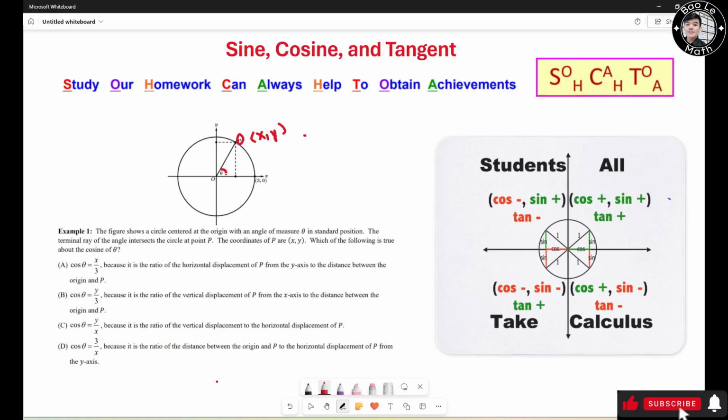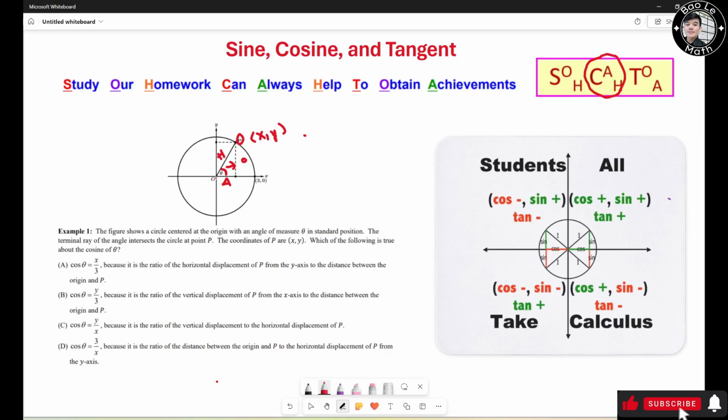So we just use the trigonometry in the right triangle. We have the angle theta right here. We draw an arrow. This side becomes the opposite, this side becomes the adjacent, and this side becomes the hypotenuse. So cosine equals adjacent over hypotenuse.